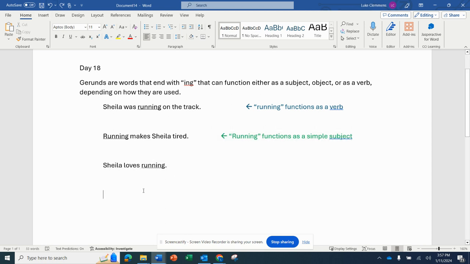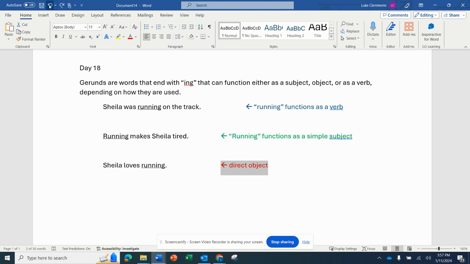Sheila loves running. Well, again, a little different. The main verb here is loves. What is it that Sheila loves? Sheila loves running. Here, it's functioning as a direct object. This is just the same as Bobby hit the ball. Hit is the verb.